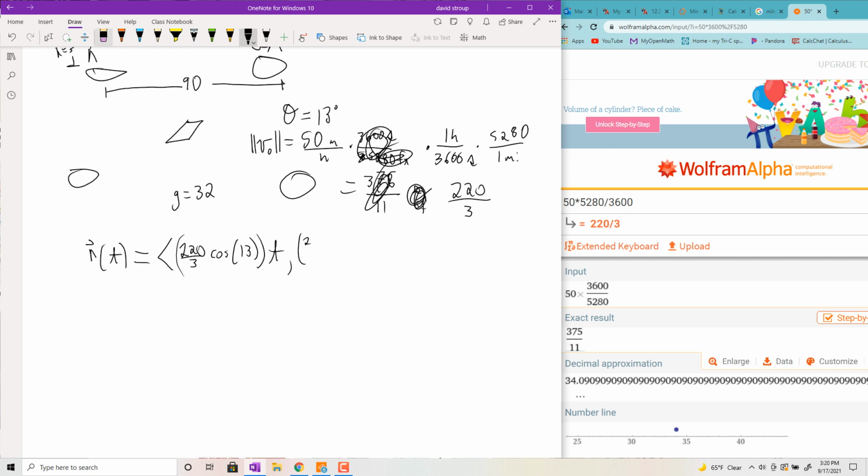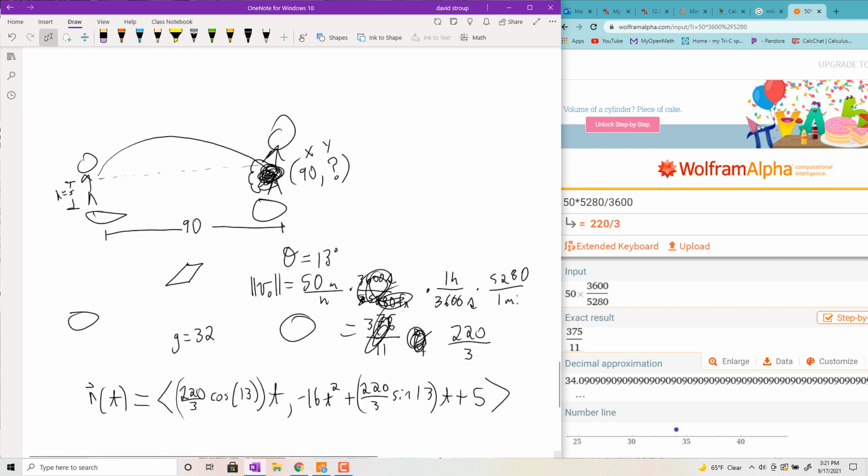So negative g t squared over 2 is going to end up being negative 16t squared. And then plus 220 all over 3 sine of 13 t, and then plus the height, and we said the initial height was 5.